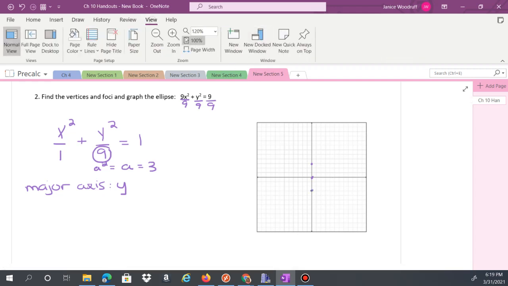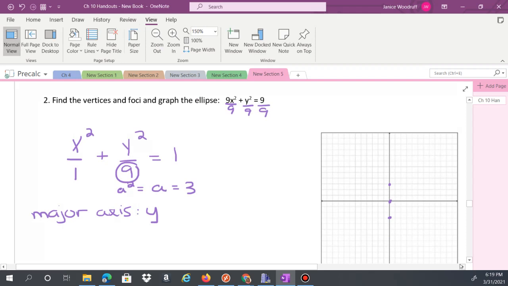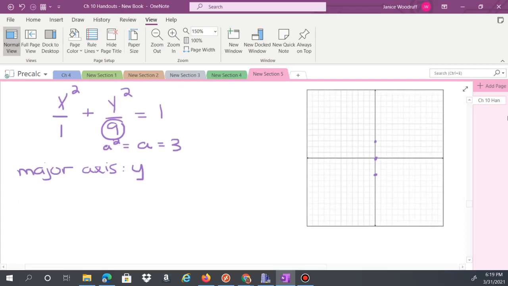Let's zoom out a little bit. There we go. Okay, so my first vertices are these points here, which are 0, 3 and 0, -3. Okay, my 1, that's going to be my b squared, which means b is just 1. So the square root of 1 is just 1.